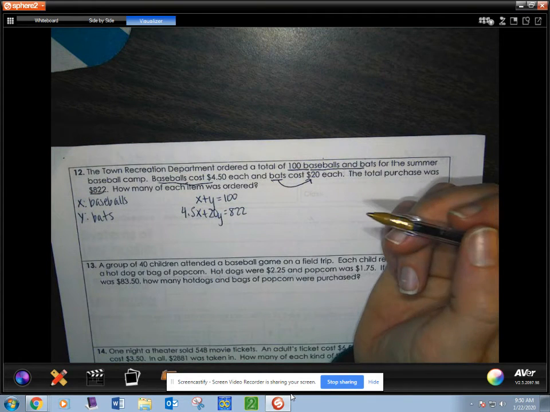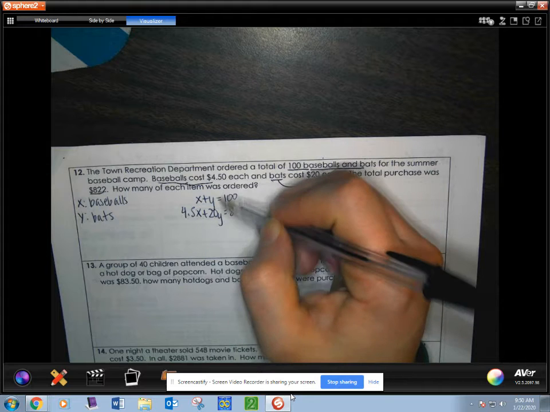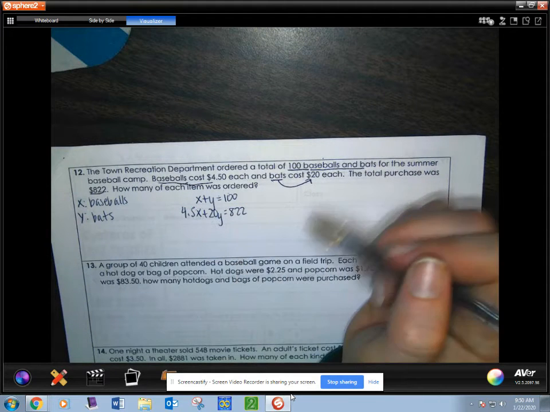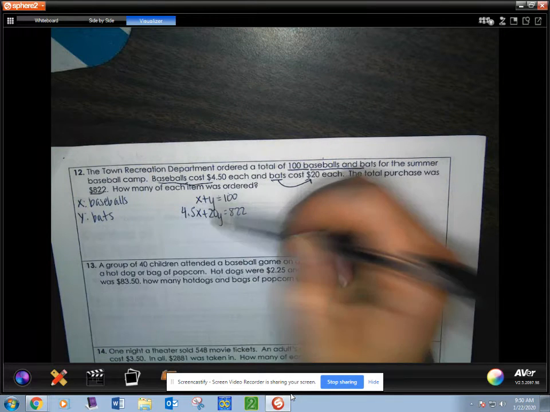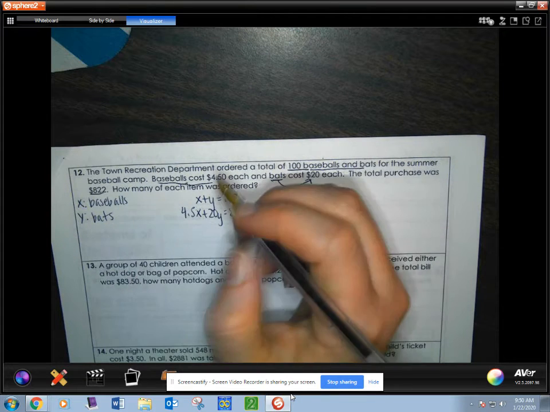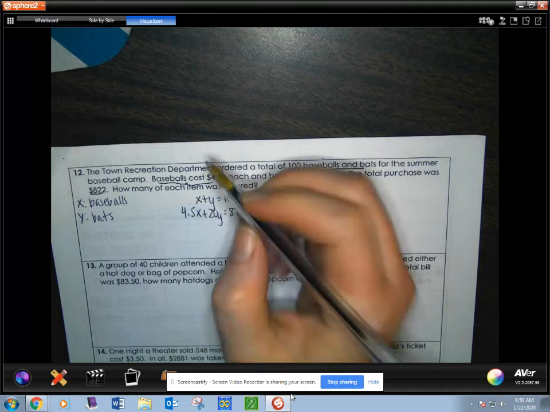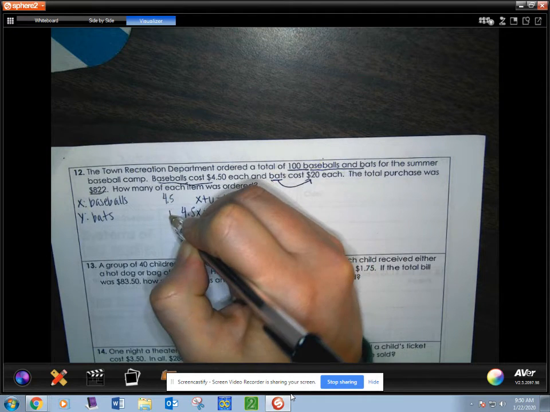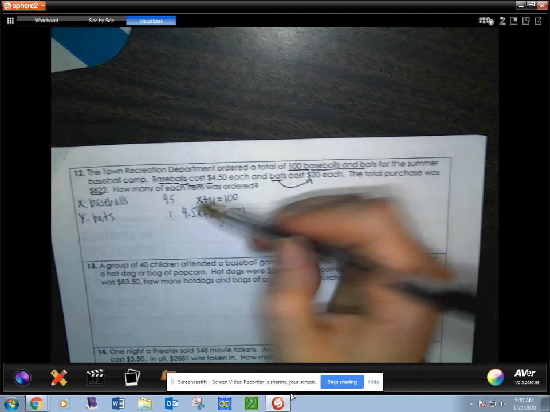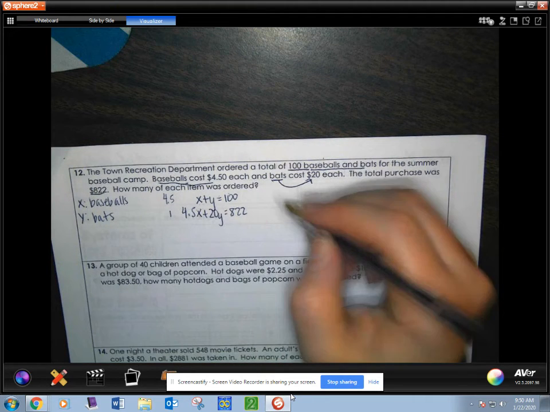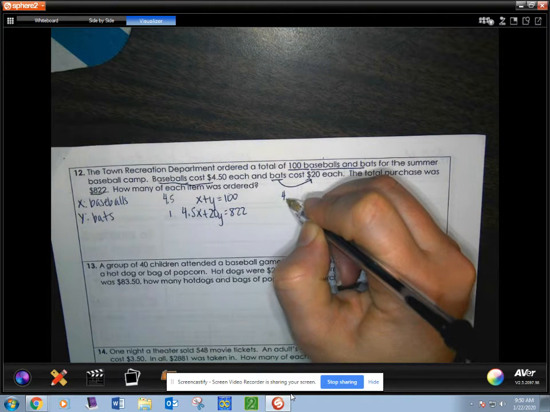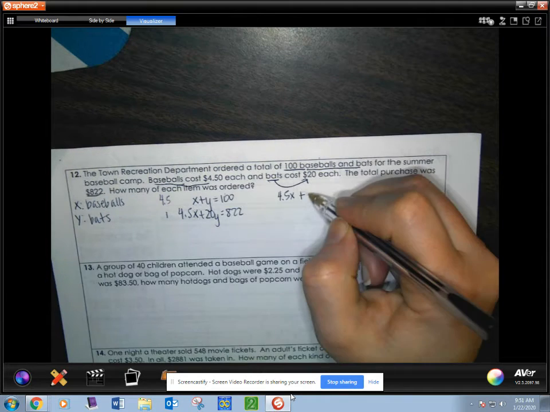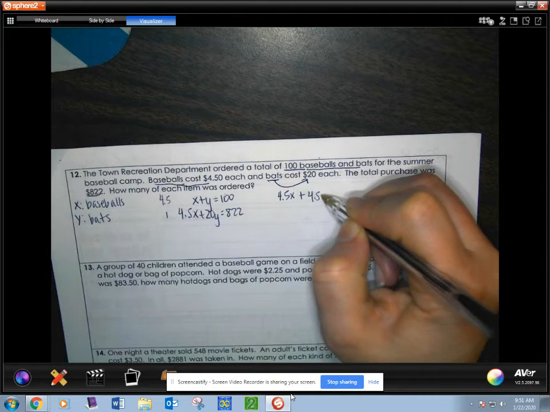So from here, this is set up for elimination. The x is above x, the y above y, equals, and the constant with the constant number. But I don't have a same number. So what you're going to have to do is multiply, and that means I would multiply the top equation by 4.5 and the bottom equation by 1, because remember, we just switch. So 4.5 times x is 4.5x. 4.5 times y is 4.5y.